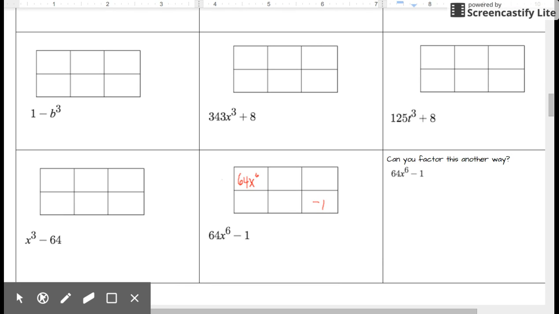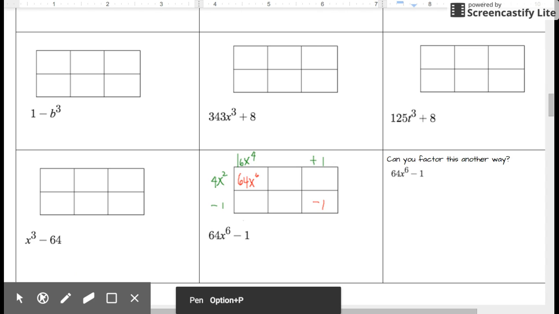We multiply 4x squared by itself 3 times to get 64x to the sixth. And so this is going to be 4x squared times 16x to the fourth. And negative 1 times negative 1 times negative 1 is negative 1, and here it is positive 1.